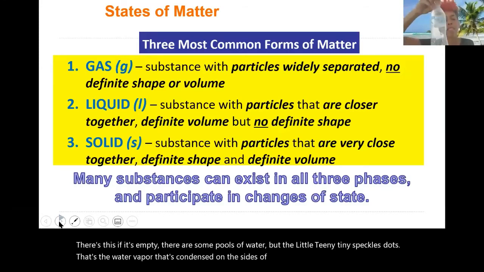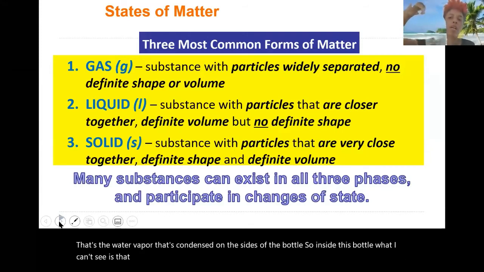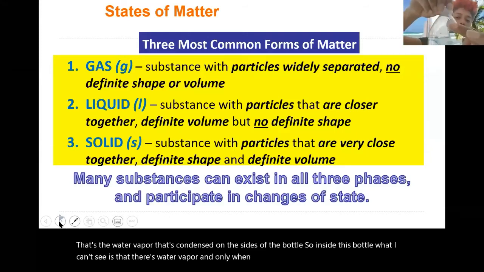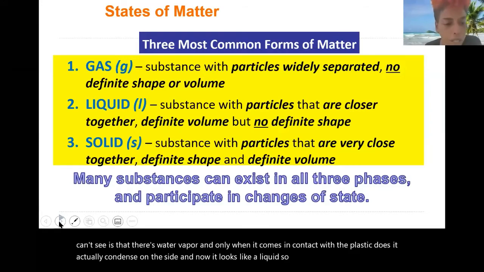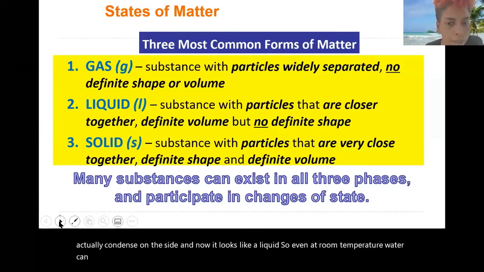So inside this bottle, what I can't see is that there's water vapor. And only when it comes in contact with the plastic does it actually condense on the side, and now it looks like a liquid. So even at room temperature, water can be a gas.